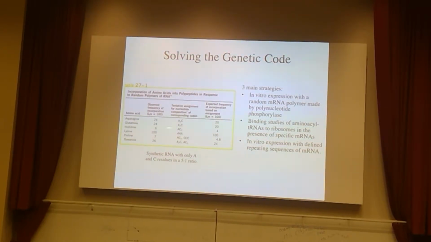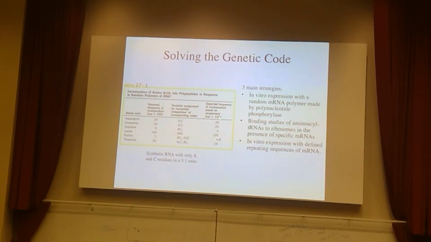So right away they are learning that lysine is presumably encoded by that particular triplet, AAA. But if you look at all the other codons that could be made from those two nucleotides, clearly asparagine, glutamine, histidine, proline, and threonine are also encoded by those other nucleotide combinations, for example, AAC or ACA, etc.